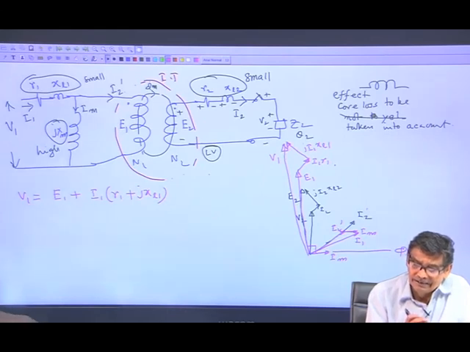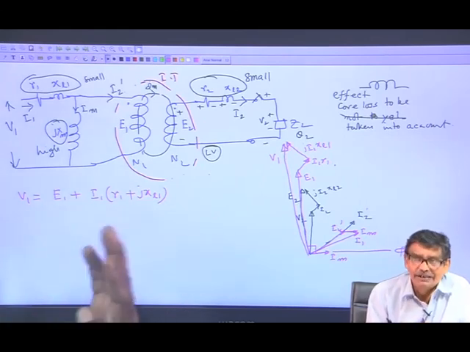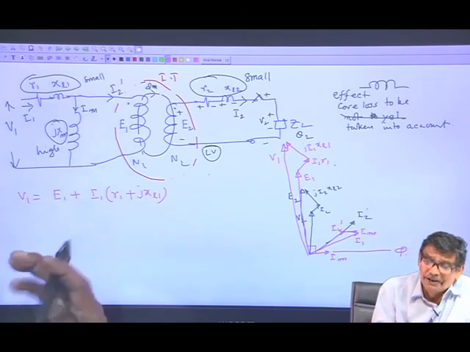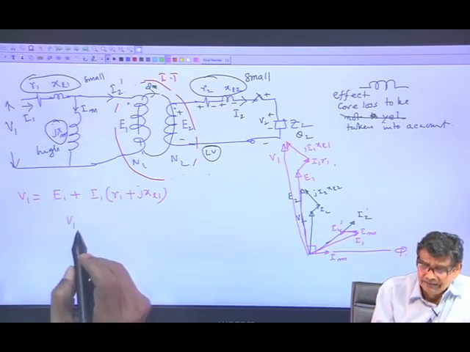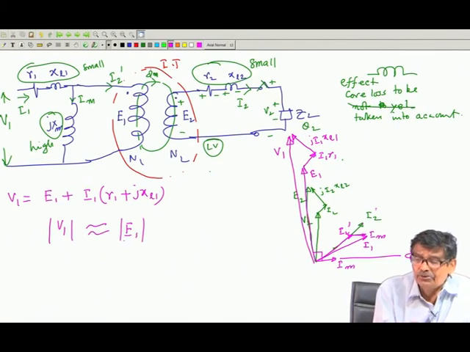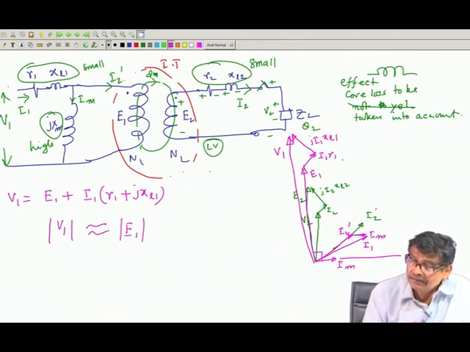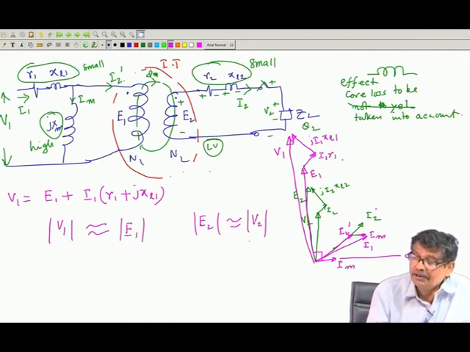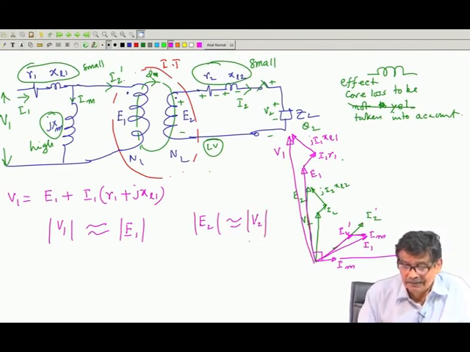But the thing is R1 Xl1 is small. So, E1 and V1, I can say the magnitude of V1 will not be exactly equal, but their magnitudes will be very close by. Because of what? Because these elements are small. Similarly, E2 and V2 will also be very close by. Because R2 Xl2 are small.